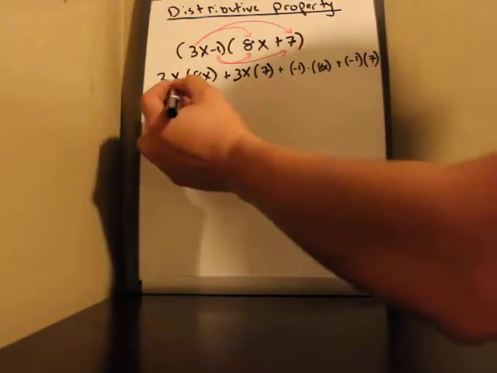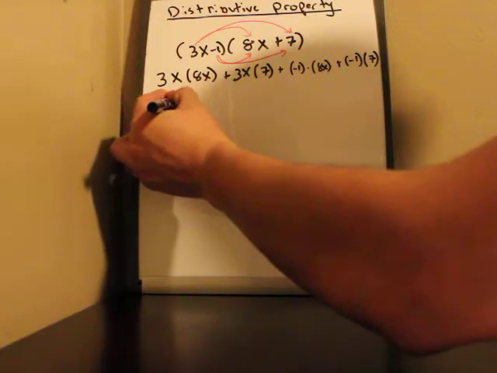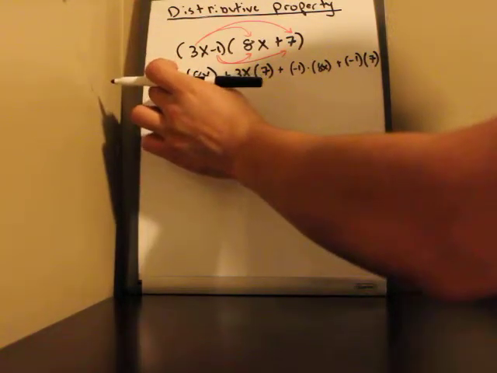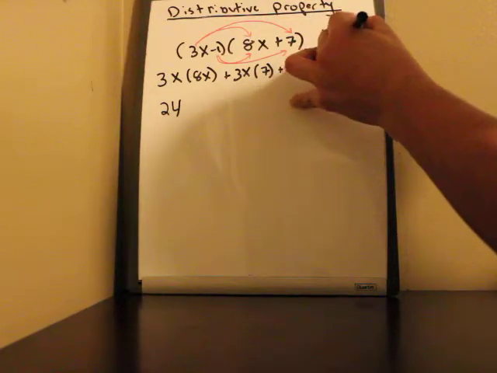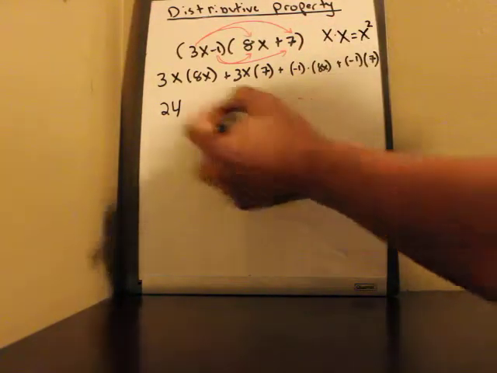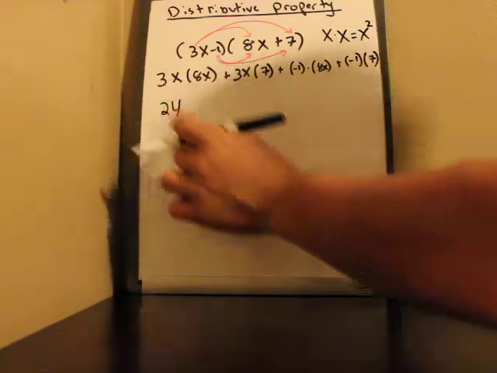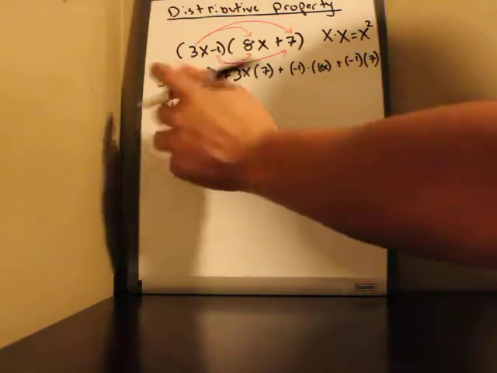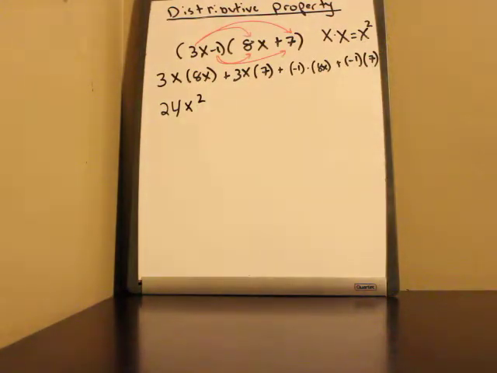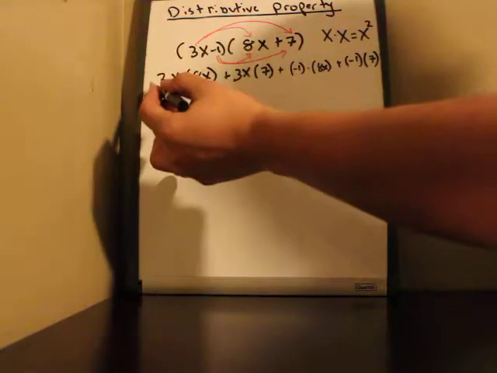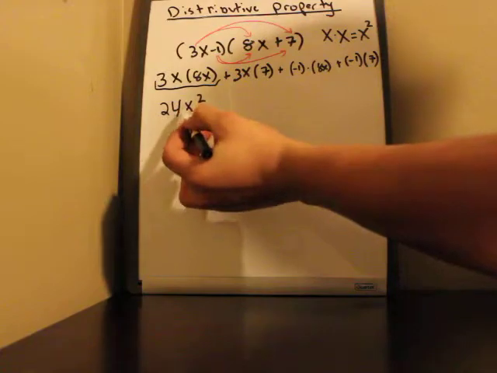So remember, x times x is equal to x squared. So we have 3 times 8, which is 24, x times x, which is x squared. Okay, we took care of this one right there.